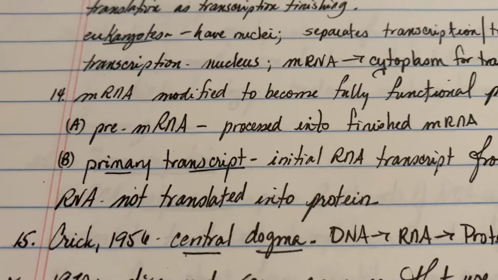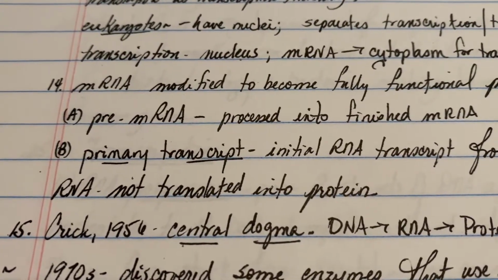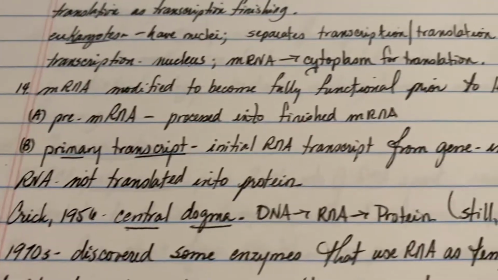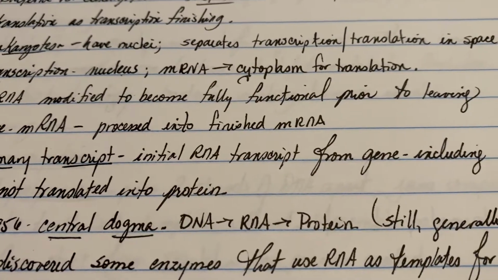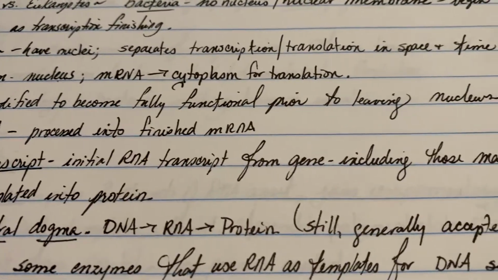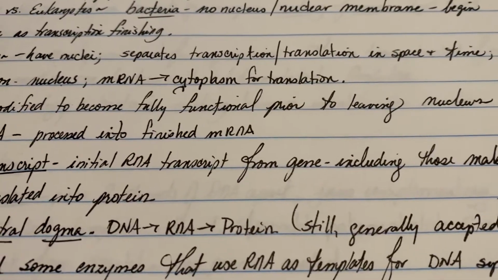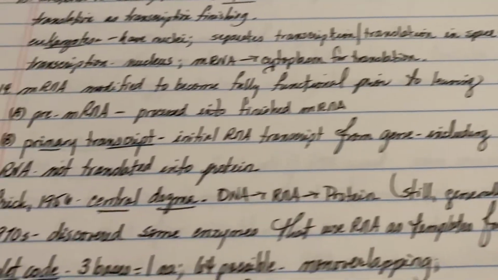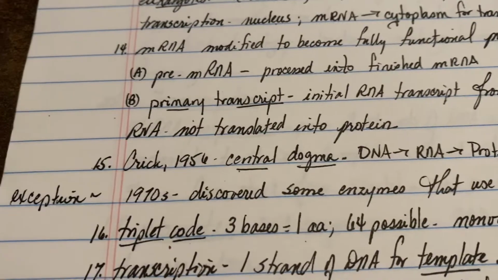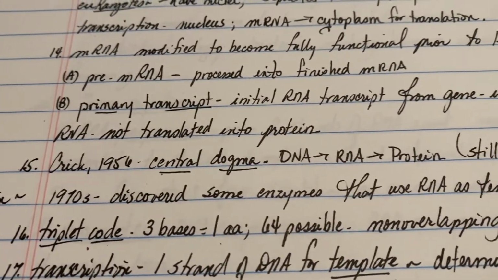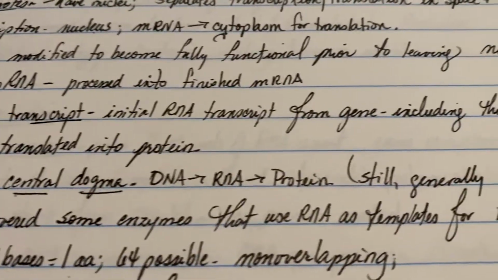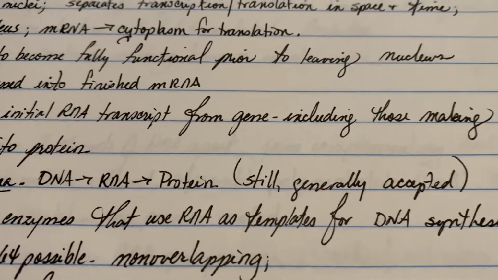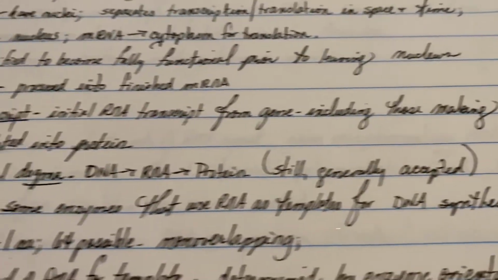Now, Crick in 1956 stated the central dogma, where DNA is going to make RNA, is going to make protein. And this framework is still generally accepted by scientists. In the 1970s, there was an exception. We discovered some enzymes that use RNA as their template for DNA synthesis.